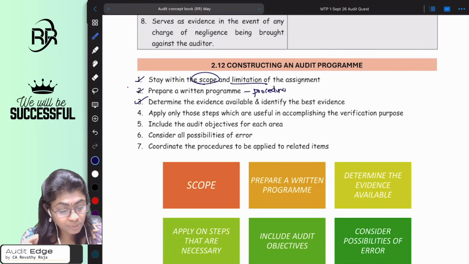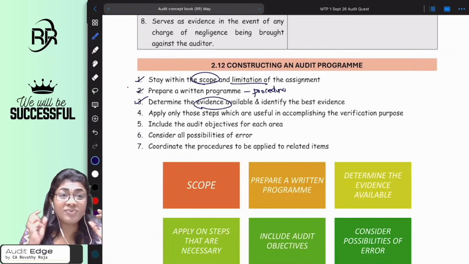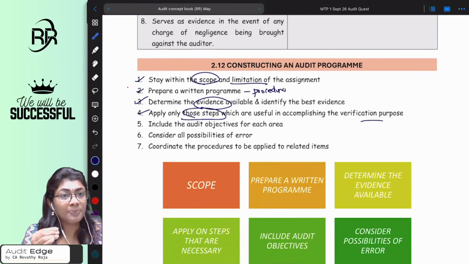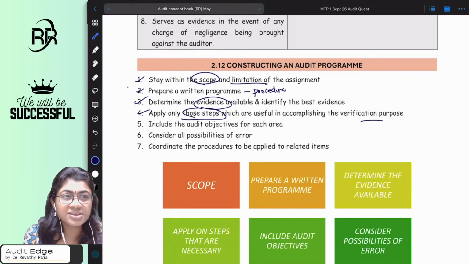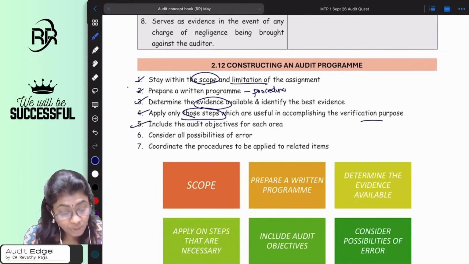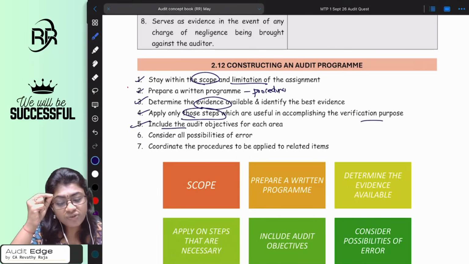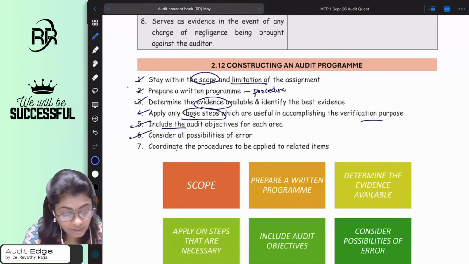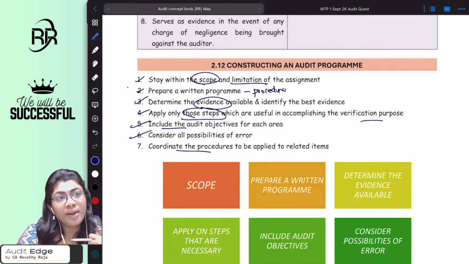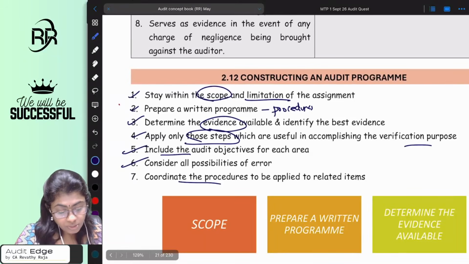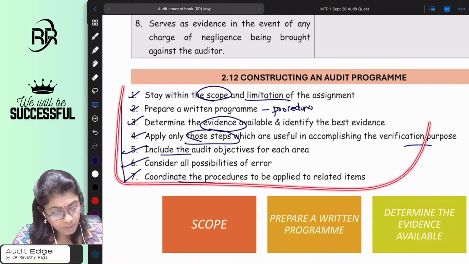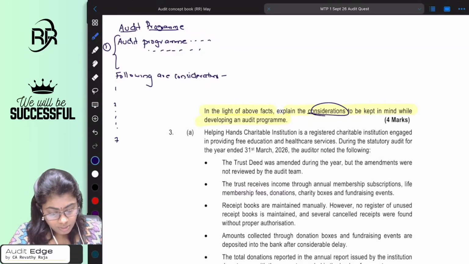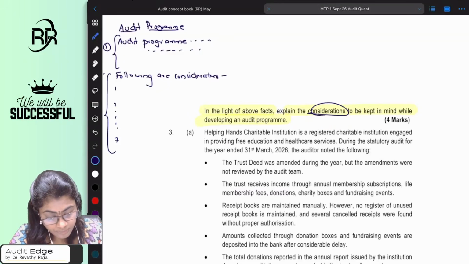Now, from this program, you should determine the evidence and the best evidence which is available. Now, apply only those steps which are useful in accomplishing the objectives. Unnecessary steps should not be performed. When you're formulating, you should include audit objective for each area as per the scope. Consider possibilities of errors, and finally, coordinate all the procedures to be applied. So these 7 points should be written. So that should be your second part.